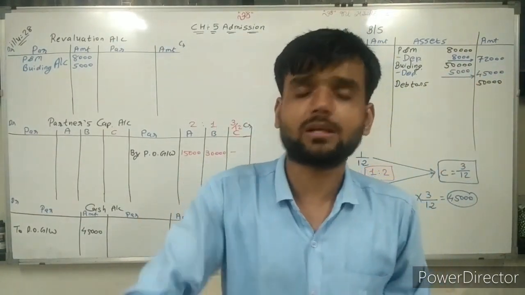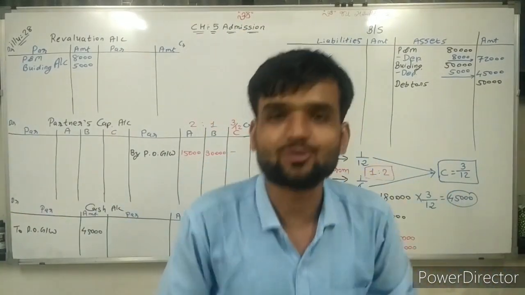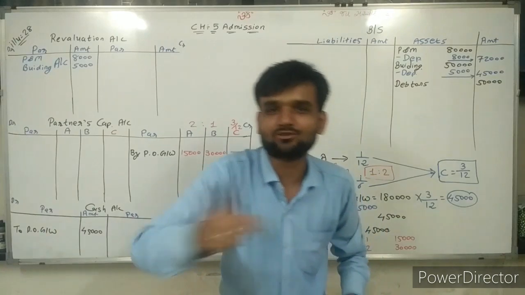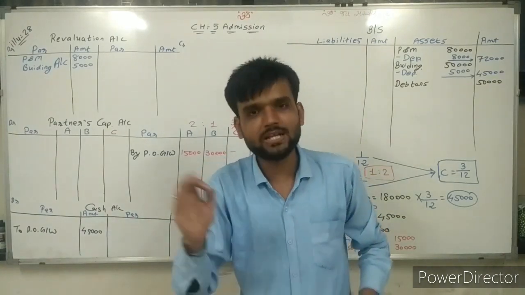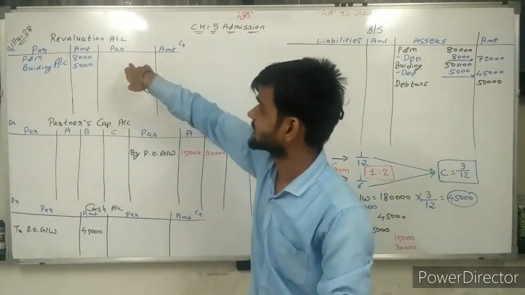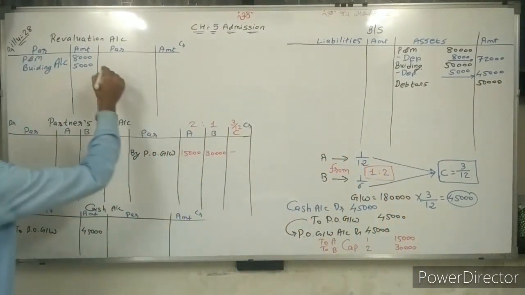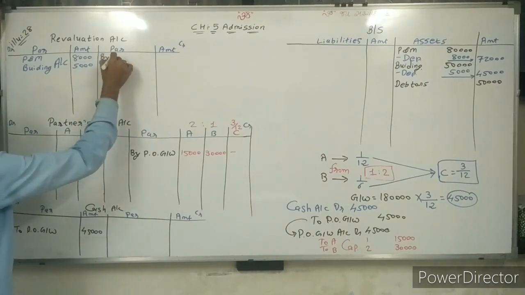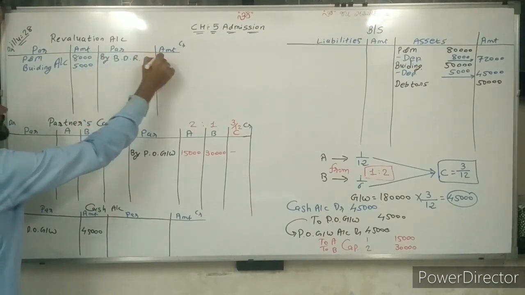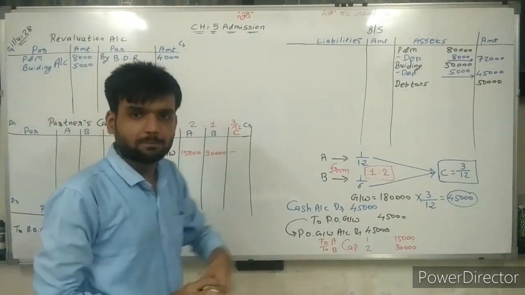Minus bad debt reserve is given, but now no need to write bad debt reserve because all are solvent. So happy. Now bad debt reserve is not required. Nobody is there who is not paying money. And that's why happy means credited. So this amount is credited, by bad debt reserve 4,000 rupees. Simple.